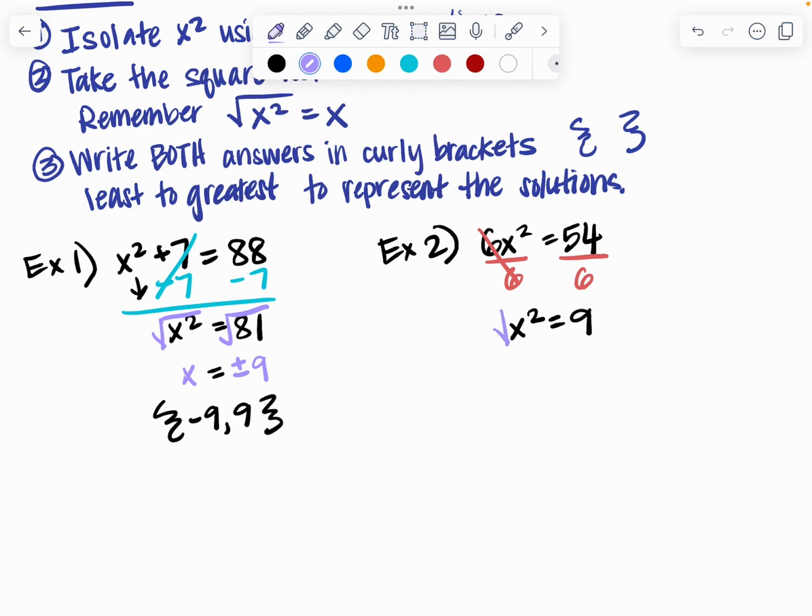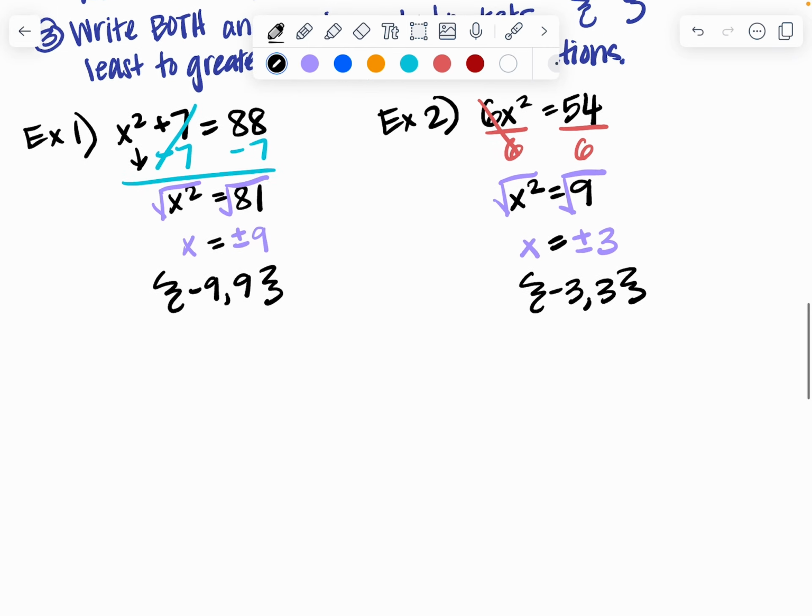Take the square root of x squared, which is x, and the square root of 9, which is positive and negative 3. So the solution is negative 3, 3. Remember, those are two solutions, x equals negative 3 and x equals 3.